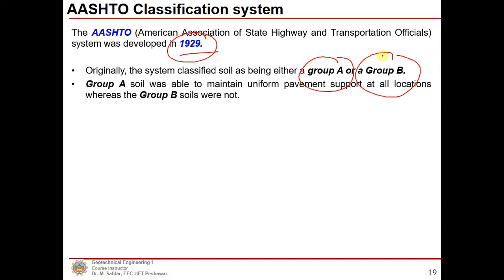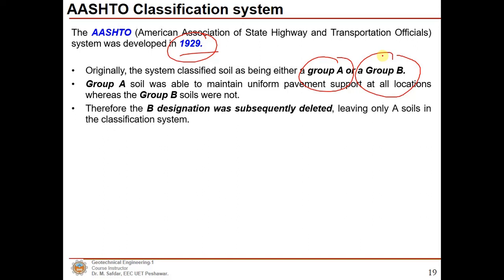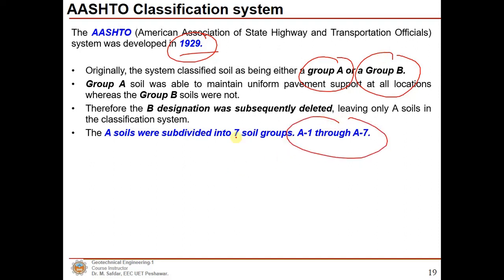Group A soil was able to maintain uniform pavement support at all locations, whereas the Group B soils were not. Now, the B designation was subsequently deleted, leaving only A soils in the classification system. The A soils were subdivided into 7 soil groups, A1 through A7. So there are 7 soil groups.